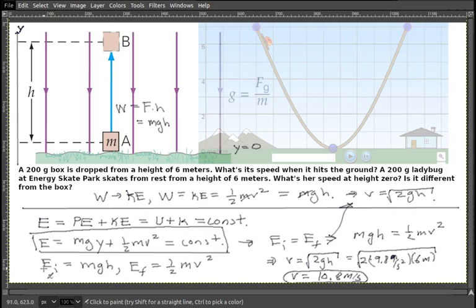So initially, the energy was all potential energy, mgh. Finally, the energy is all kinetic energy, 1/2 mv squared. Since it's constant, those are equal to each other, and you get the same thing. mgh is equal to 1/2 mv squared. The mass cancels. Solve for v, plug in the numbers, and here we get the velocity is 10.8 meters per second.